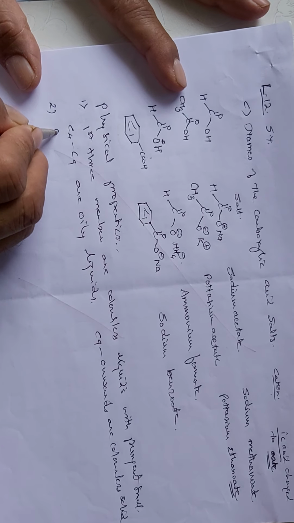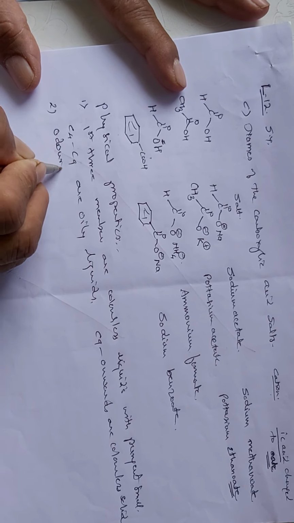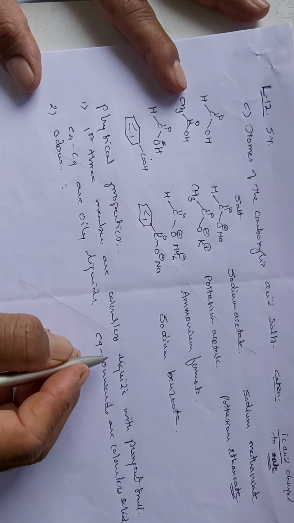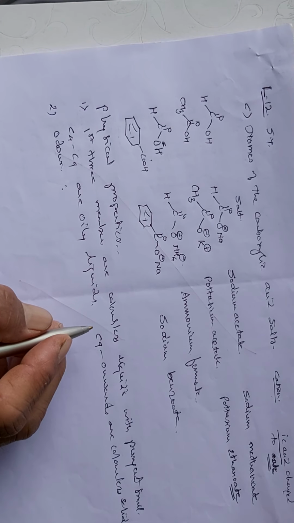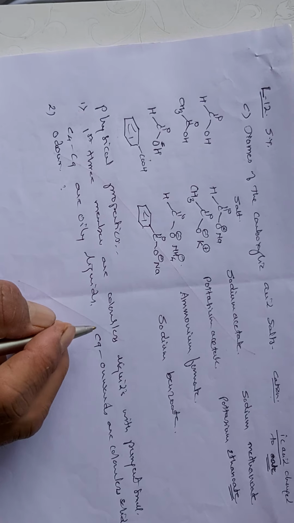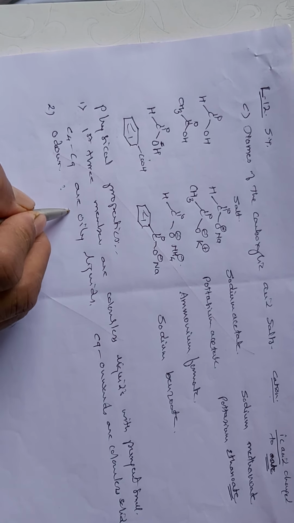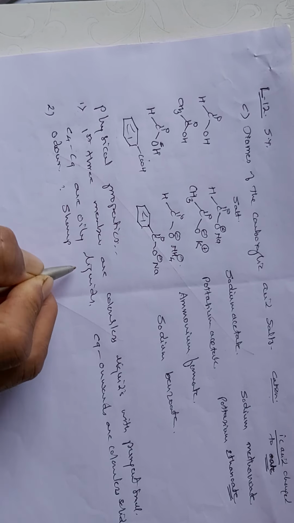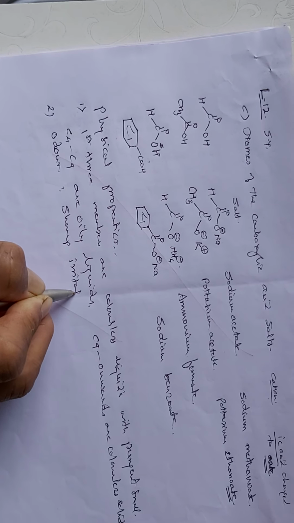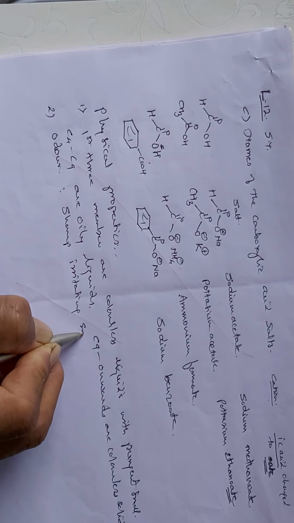Now, regarding the odor of these compounds, the first few members, formic acid and acetic acid, have an irritating odor, a sharp, irritating smell.